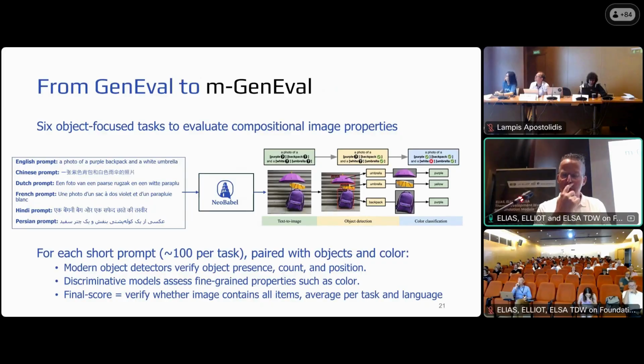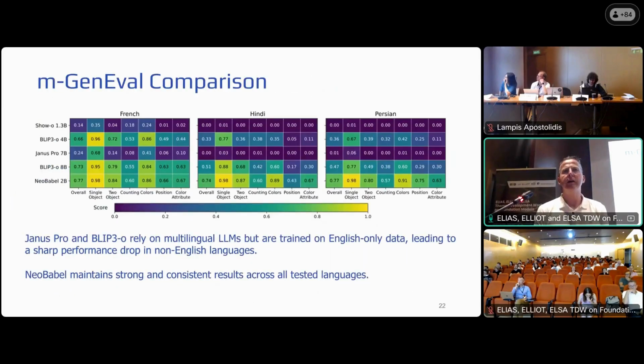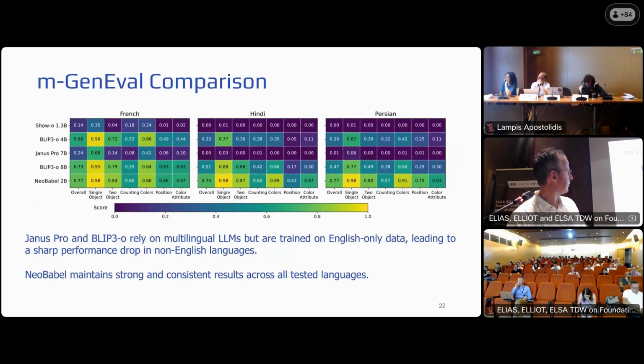Here we plot it for 3 languages, and we compare Show-o, Blip3O variants and Janus Pro 7B with our NeoBabel approach. What we see, these are non-English languages. For French, Blip3O can still do a reasonable job.